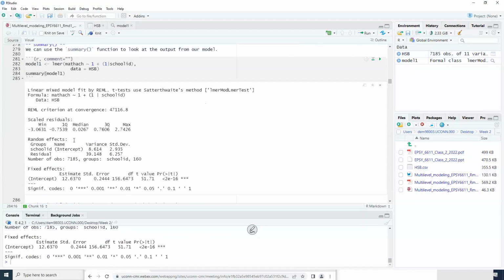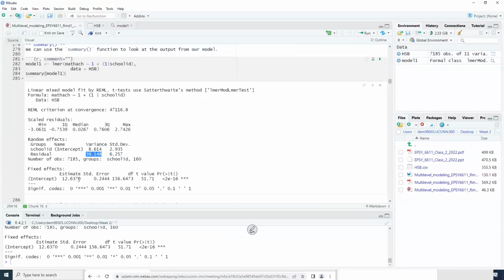So here we go. What we see here, it gives our random effects first, and we're really interested in the variances for those random effects, the variance components. So we can see the variance for school ID is 8.614. It says variance for school ID, but again, that's really the variance of the randomly varying intercepts. And the variance at level 1, the sigma squared, is 39.148.